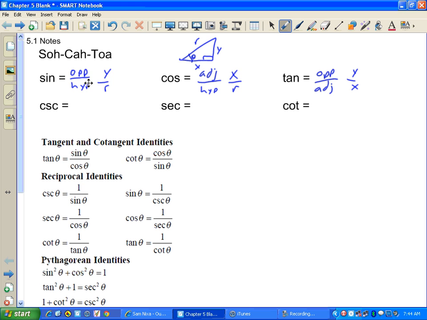Now reciprocals, we can reciprocate these fractions to figure out what they would be. So if I want to know the cosecant of this angle, instead of opposite over hypotenuse, I'm going to take the hypotenuse on top and the opposite side underneath it, or the radius over the y value.